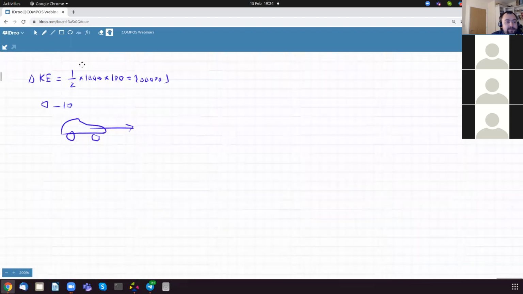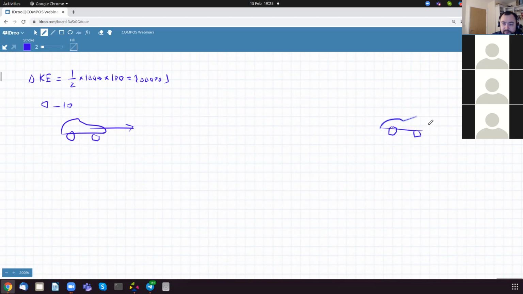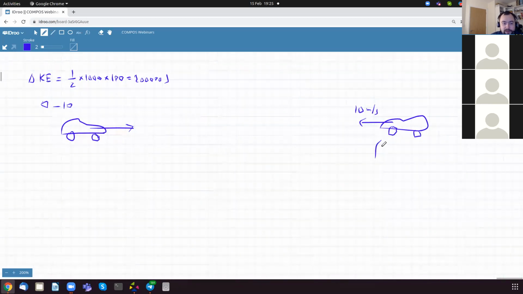Now, let's say you were sitting in another car, and you were traveling with a speed of 10 meters per second. From your point of view, this car doesn't go from 0 to 10. This car goes from 10 to 20, right? Yeah, I see.